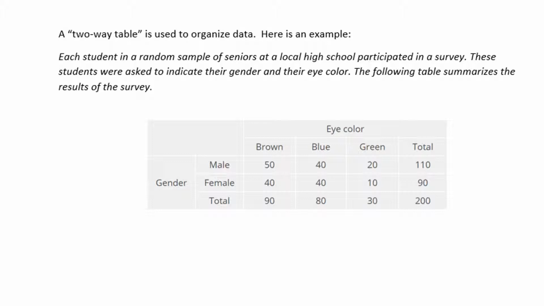These students were asked to indicate their gender and their eye color. The following table summarizes the results of the survey. So the data is just organized based on how many males have certain eye color, how many females have certain eye color, and the total for each of those two categories.